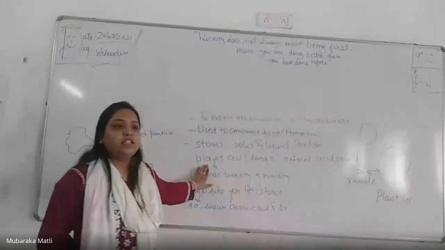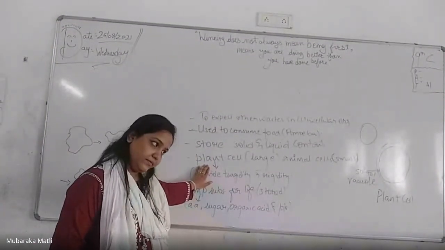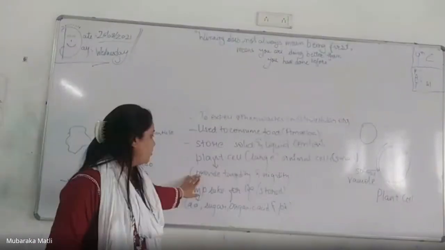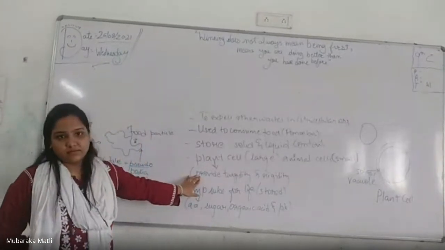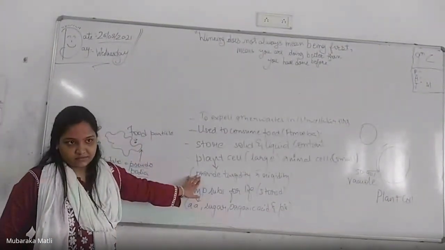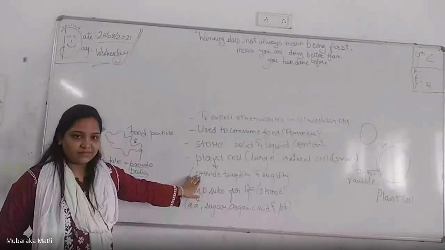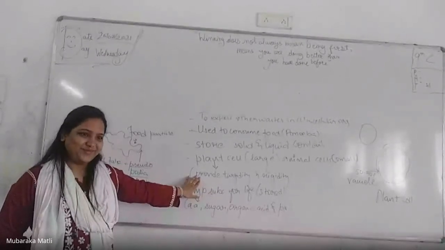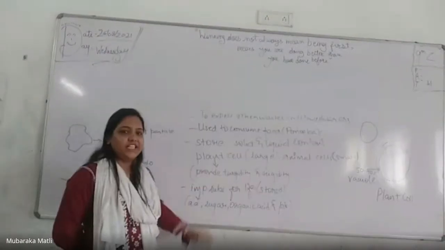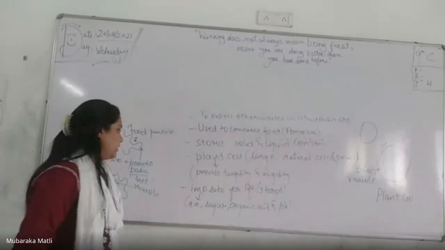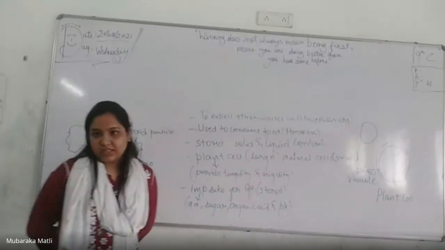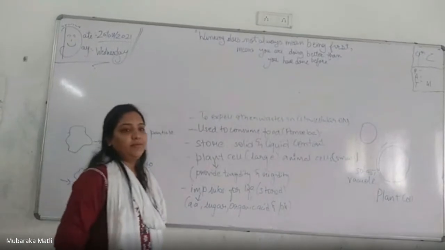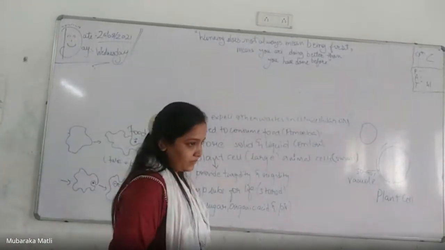In plant cell, the vacuole is small. It provides the turgidity and rigidity to the cell. Then, what are the important substances?